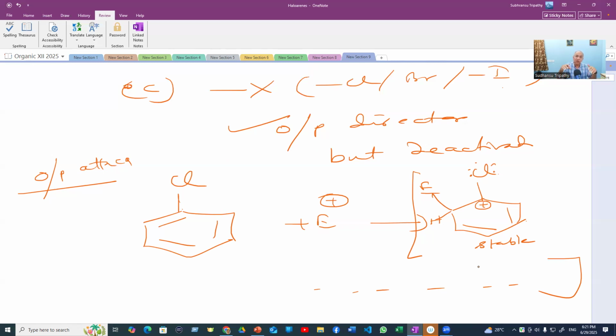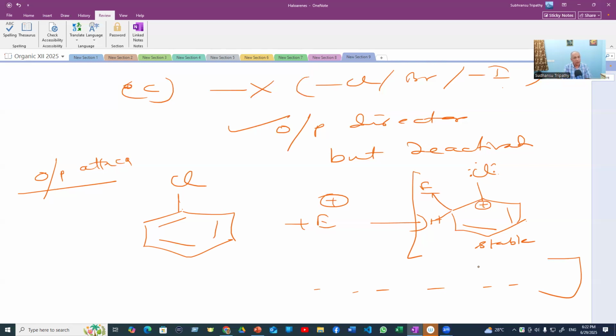If an electron is going to the ortho-para position by resonance +R, then it should activate, it should enhance the rate. Why is it decreasing the rate? It is because the dominant effect is -I. So once you are saying it is deactivating, -I is superior to +R, then how can you say the +R effect is operating in the ring itself to make the ortho-para positions electron rich so that the electrophile will attack the ortho-para?